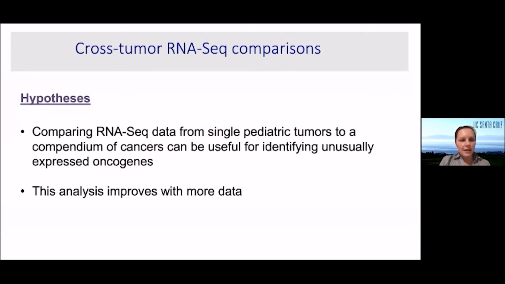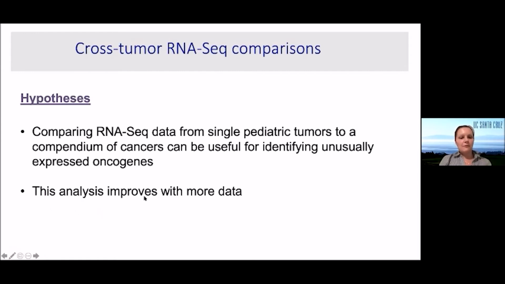So Treehouse relies on cross-tumor RNA sequencing comparisons. As I mentioned, we compare individual RNA sequencing data sets from a tumor to data from many different tumors. And we have a hypothesis that such a comparative analysis can be useful for identifying unusually expressed oncogenes, as we saw in this case, JAK1 was unusually overexpressed.